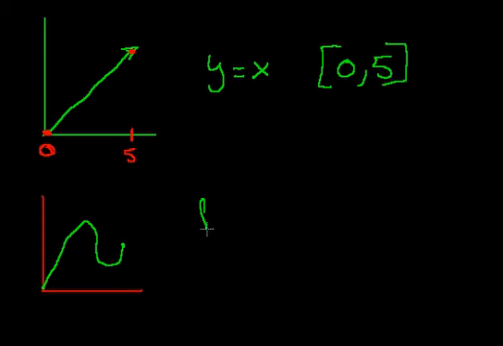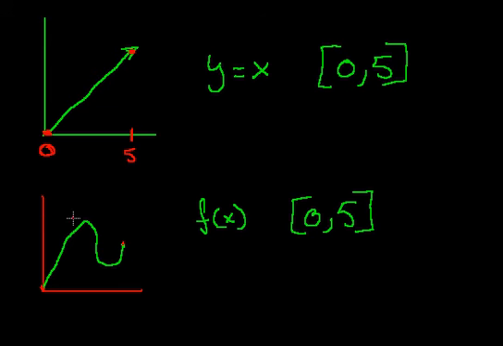And we're still looking at, let's just call this function f of x, from 0 to 5. So in this function, you can see that obviously the highest point of this is not 5. And the lowest point is still 0 in this, but the highest point is not 5.